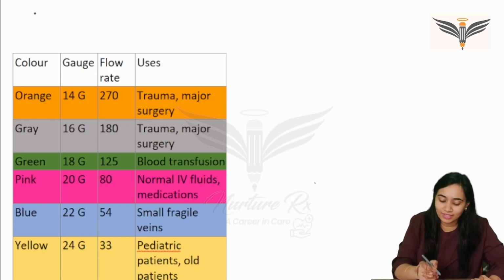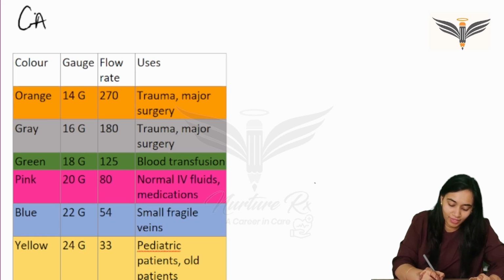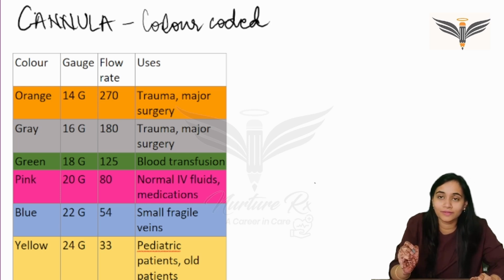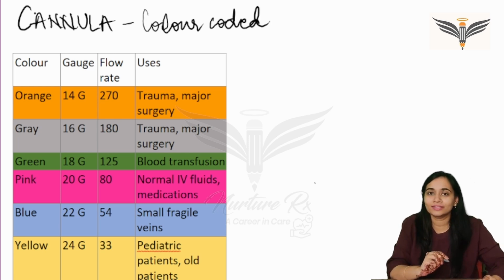Cannula and its color coding. In the previous class, we saw what is a cannula and what are its parts. In today's class, let's see how cannulas are color coded. The first question that arises is, why is a cannula required to be color coded?